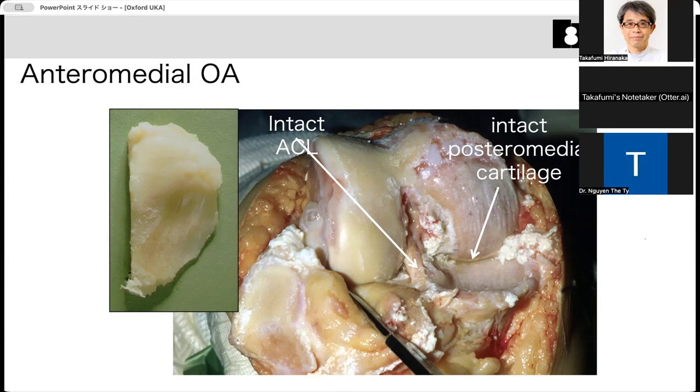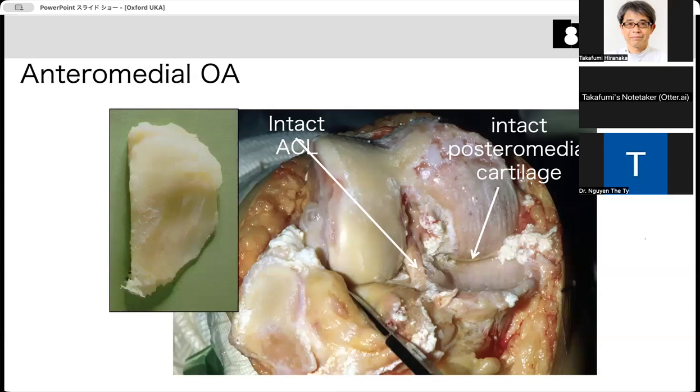In other words, the medial compartment is affected. The medial cartilage is worn out. But not only the medial side, but also the anterior. The cartilage wear is limited in the anterior. That implies ACL is functioning. If ACL is dysfunctional, tibia moves anterior, so contact point moves posterior.